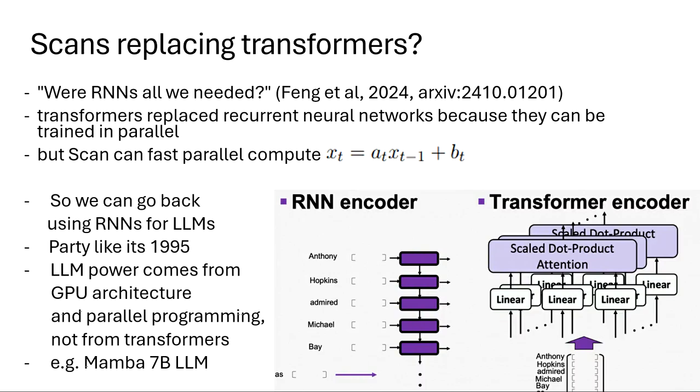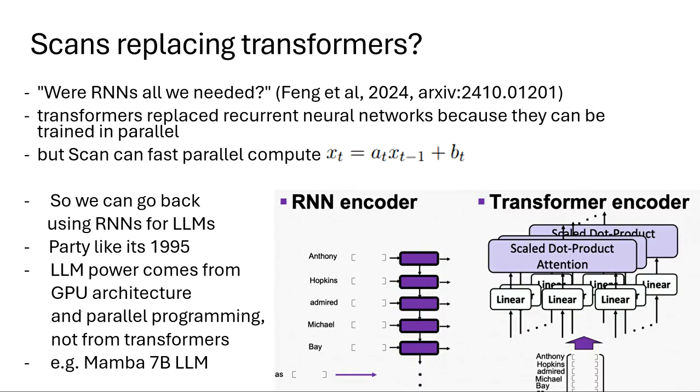Last October, someone noticed you can actually take the recurrent neural network equations, which look like this, and you can express them in terms of the scan. They've implemented it using the Blalock scan, and they found it enables you to go back to original 1990s style recurrent neural networks and build models that perform as well as ChatGPT type systems using a 1990s RNN rather than a trendy 2020s transformer.